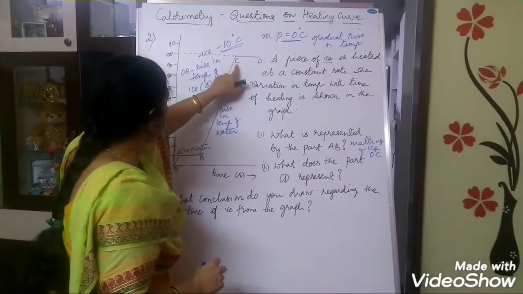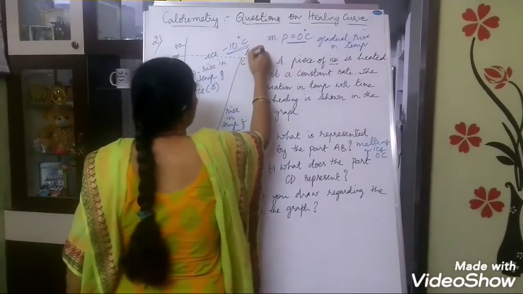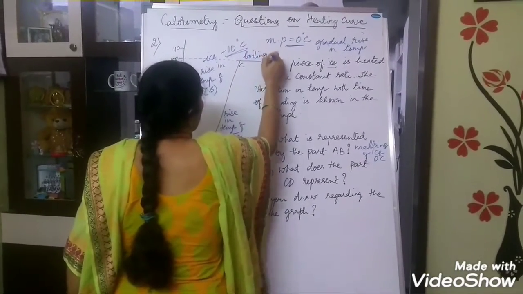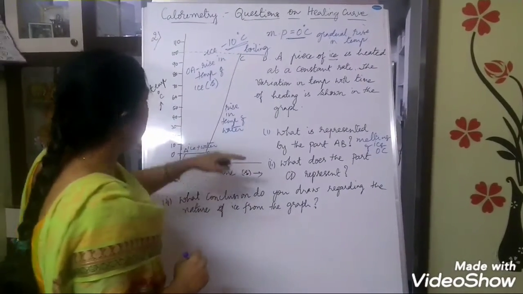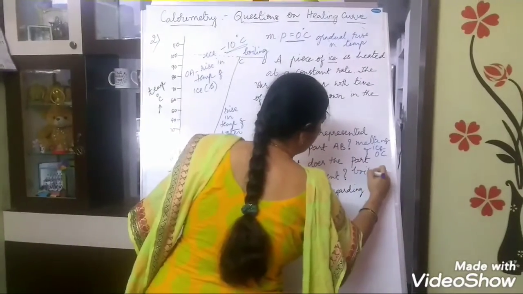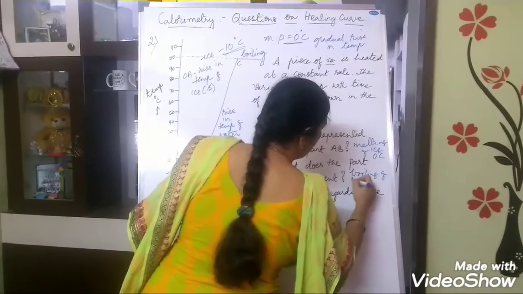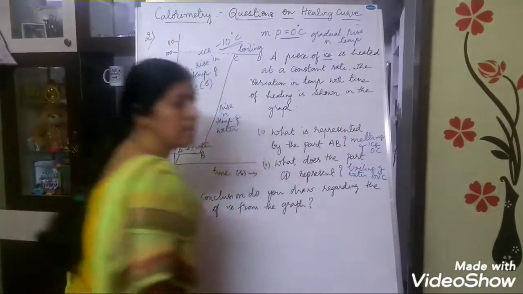Now, when the temperature reaches 100 degree Celsius, then the water starts boiling and it will be converted to vapor state. So, what does the part CD represent here? CD represents boiling of water. And what will be the temperature here? 100 degree Celsius.